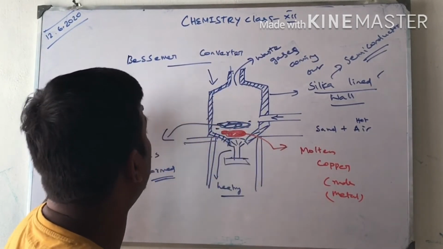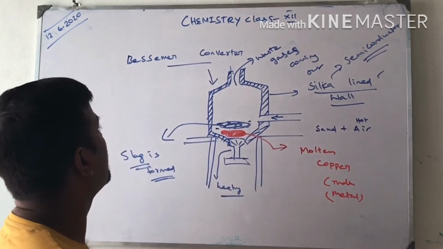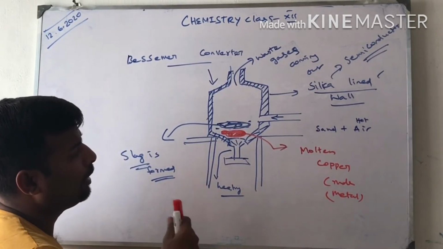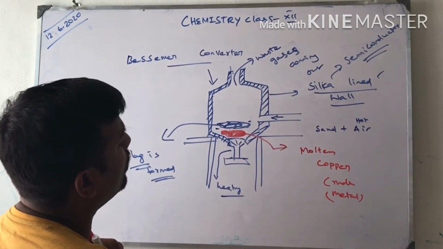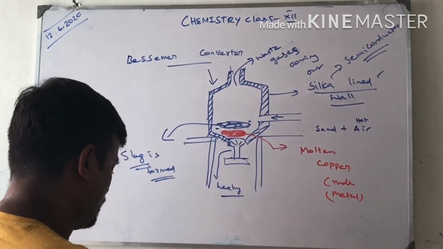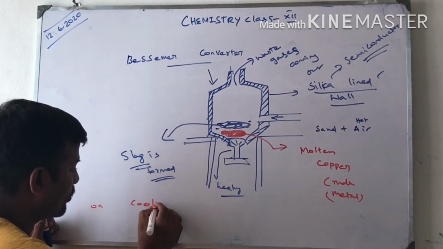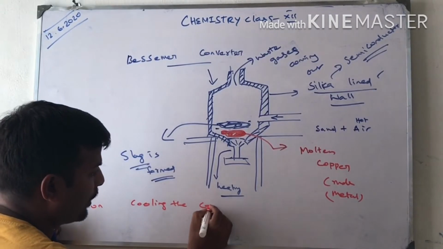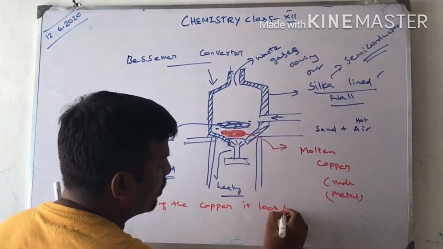Finally you have to filter, cool down and dry, and you will get the molten copper. On cooling, the copper looks like blisters.